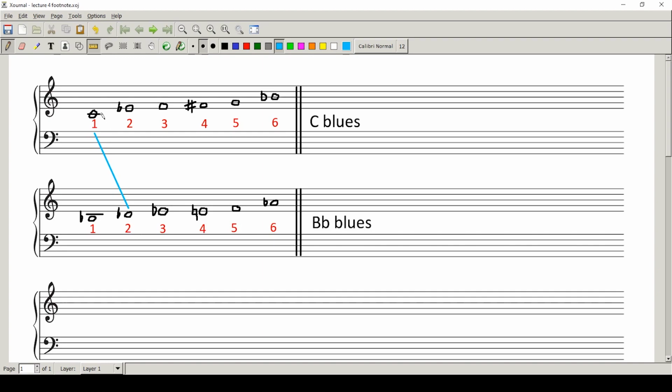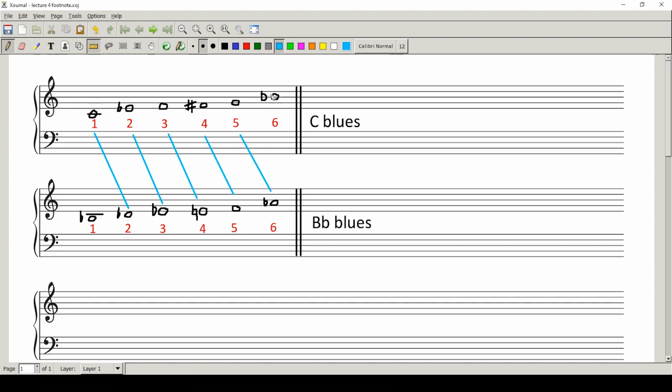You can see that I might intuitively want to do that since that would involve moving C up a semitone to D flat. If I choose to do this, then my rule says that given this, everything else should just shift up one step in the scale. So this note, what was the second step of C blues, should become the third step of B flat blues, and so on.